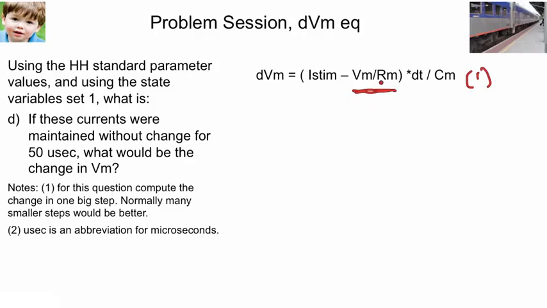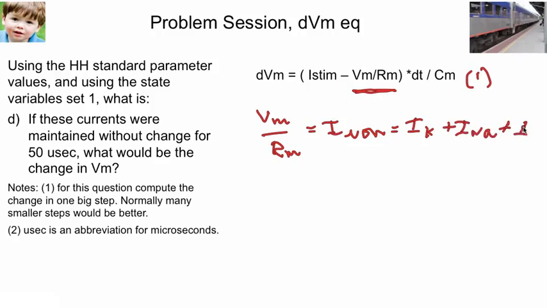We know that the membrane resistance has changed, most likely, since the membrane was at rest. However, we remember that Vm over Rm is simply the ionic current, and we can get that another way. So we can say Vm over Rm is equal to I ion, and that's equal to Ik plus Ina plus Il.